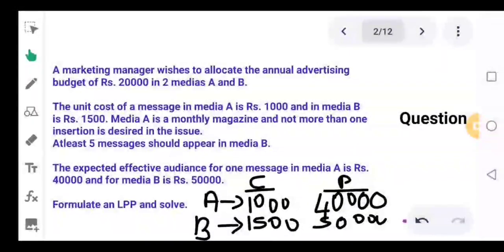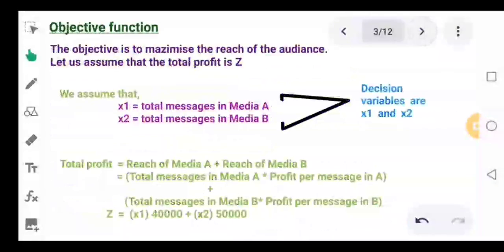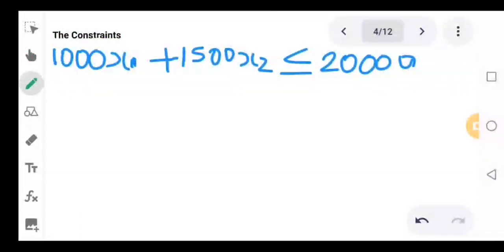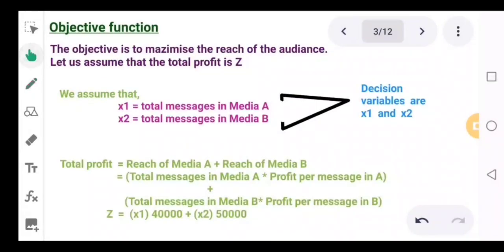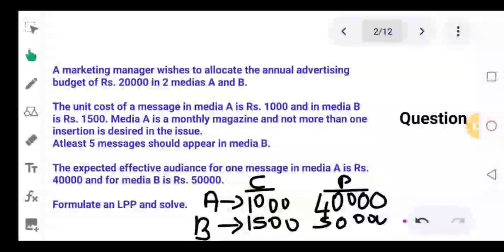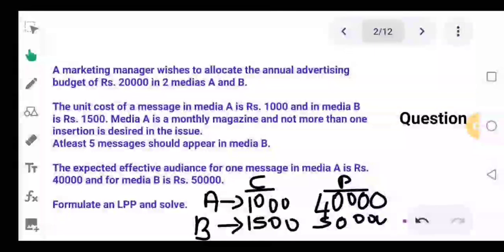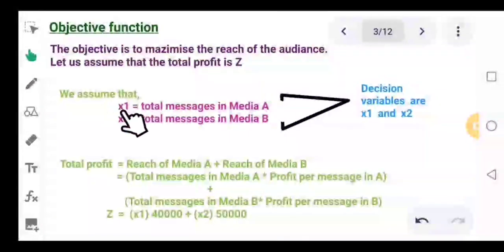We have assumed that x1 is the total messages in media A, so x1 cannot be more than 1.